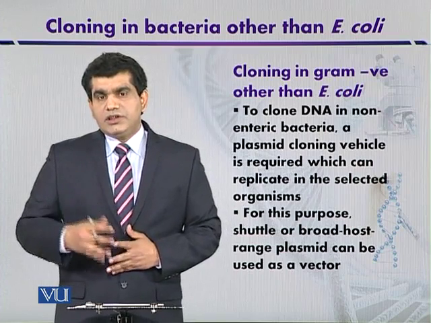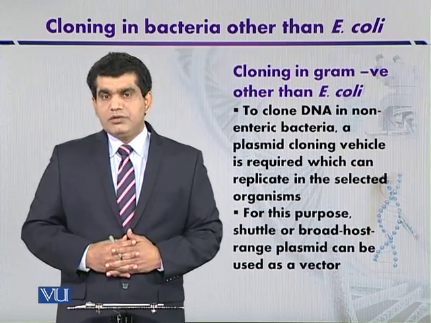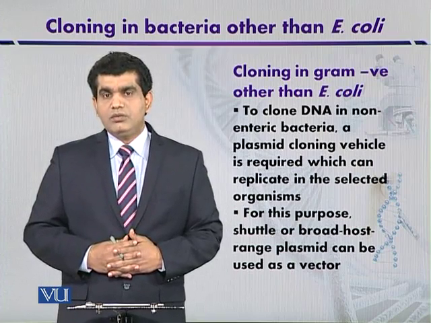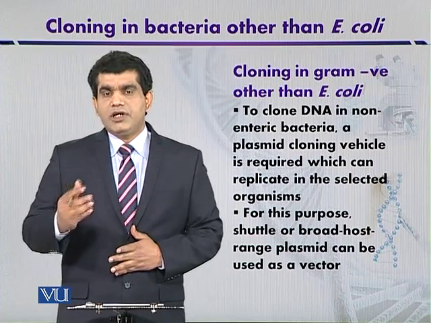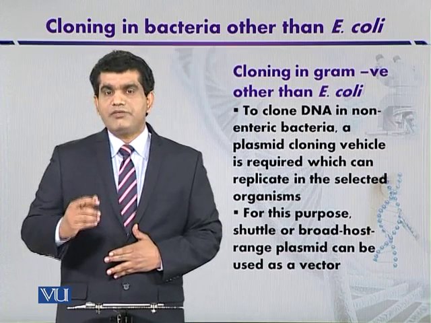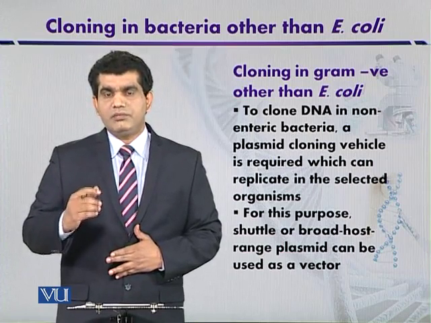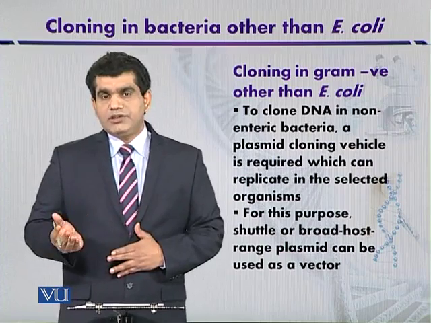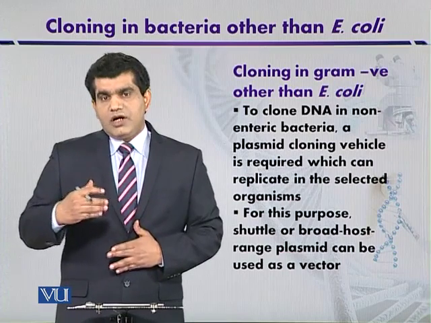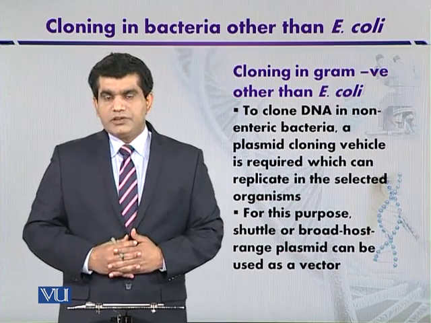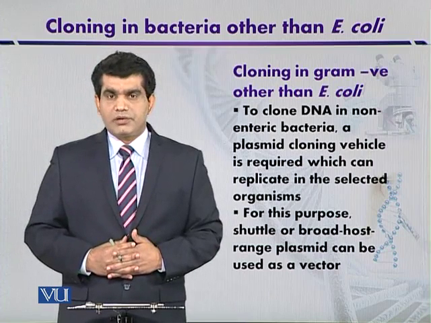But all the time, it is not feasible to use E. coli. Although a variety of plasmid or carrier molecules are available for this group of bacteria, some or all metabolic pathways are not present in this organism.